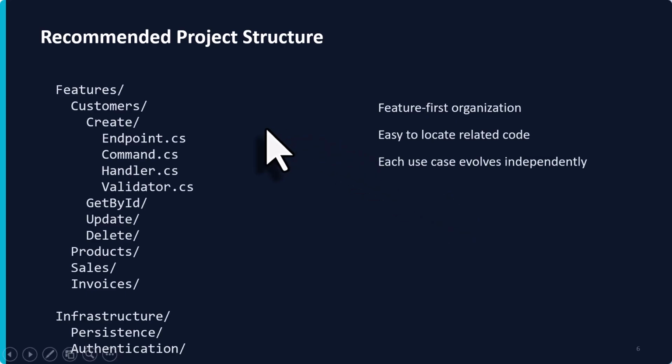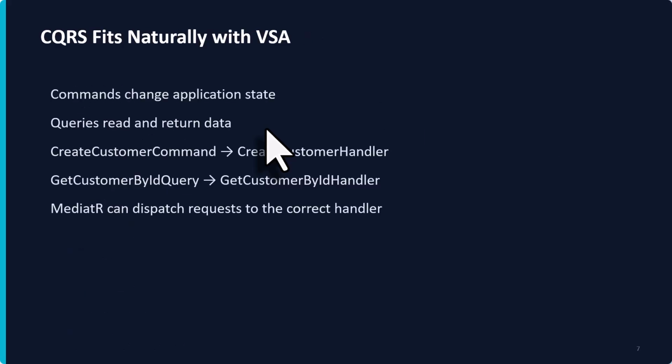I will walk you through these in detail in a practical session so that you understand. CQRS fits very naturally with VSA. Commands change the application state, and queries read and return data. We have create customer command and create customer handler, and get customer by id query with its handler.